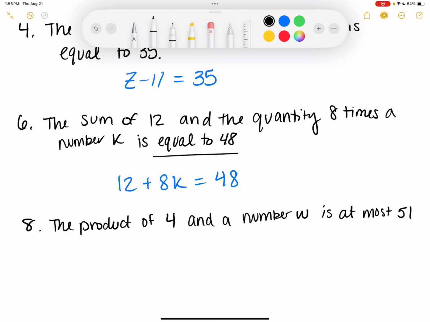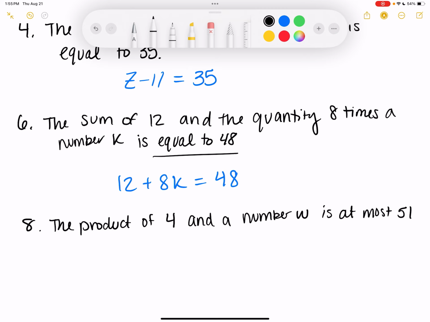Any idea how I would write this one? What symbol goes with at most? Addition. Multiplication. Less than or equal to. Yeah, less than or equal to.